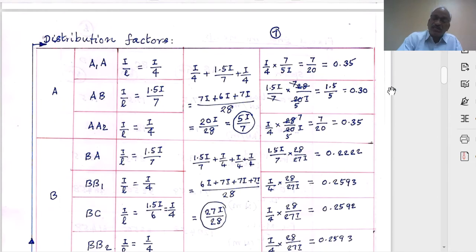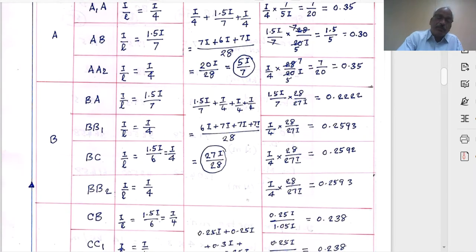So we find the distribution factor for all the 3 members meeting at joint A: 0.35, 0.3, 0.35. We know that the sum of distribution factors at a joint is equal to 1. It satisfies: 0.35 plus 0.35 is 0.7, plus 0.3 equals 1.